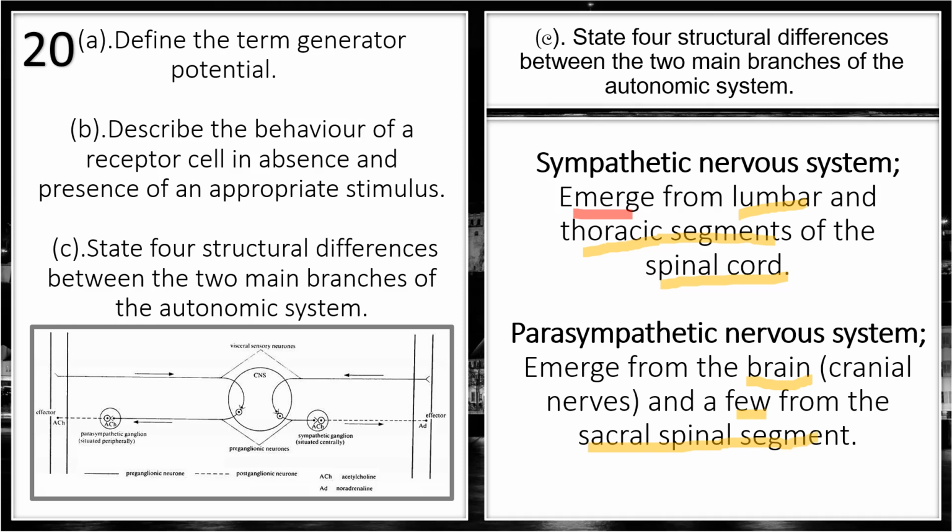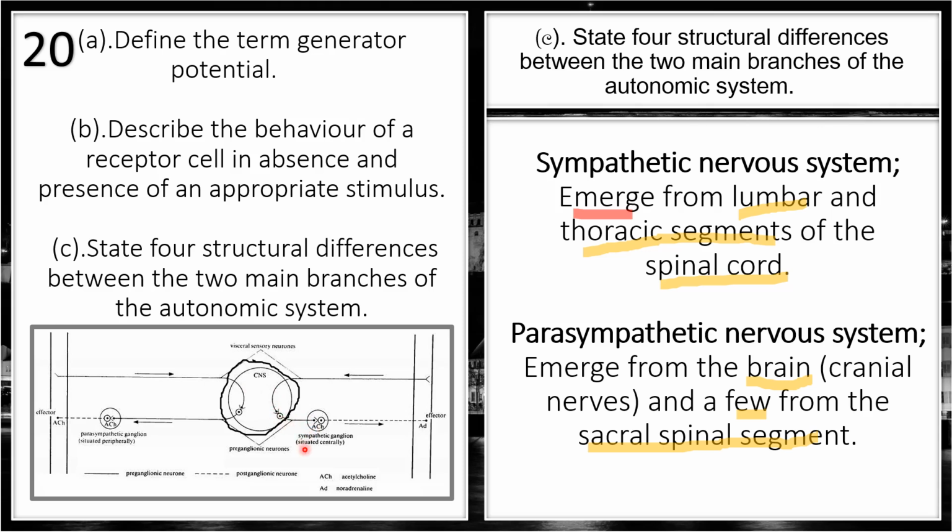So when you are comparing the spinal cord, the sympathetic comes from two regions: the spinal cord of the thoracic region, and the spinal cord of the lumbar region.